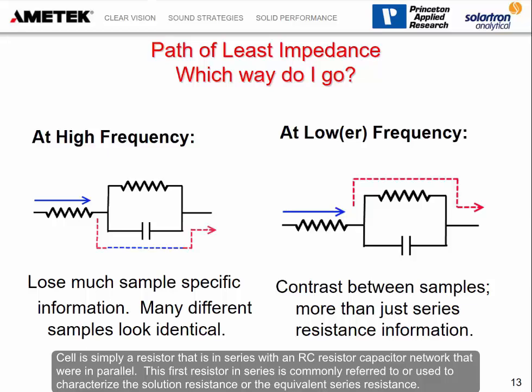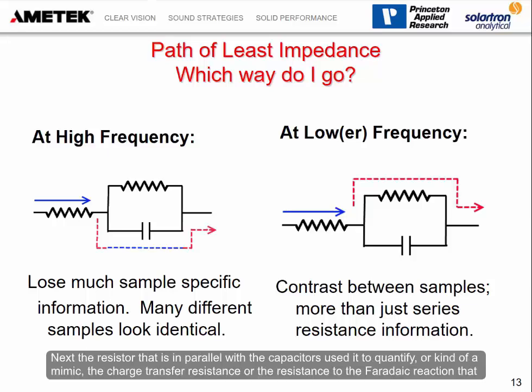And so this first resistor in series is commonly used to characterize the solution resistance or the equivalent series resistance. Next, the resistor that's in parallel with the capacitor is used to quantify, or to kind of mimic, the charge transfer resistance, or the resistance to the Faradaic reaction.